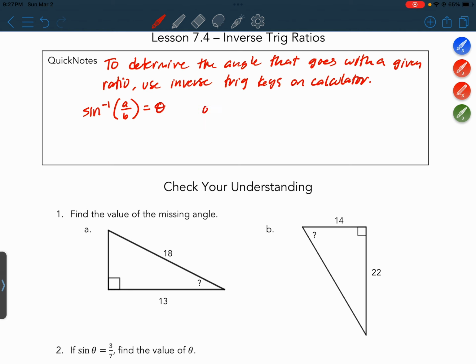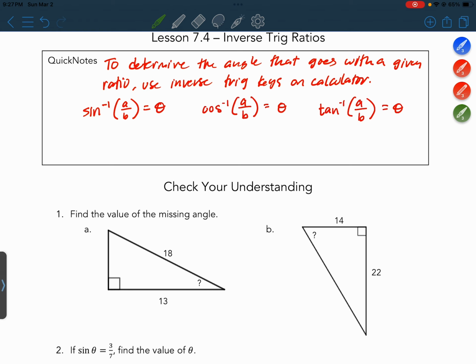Or we can hit the inverse cosine button, type in some ratio, a to b, and then the calculator will return the angle measure. The last option would be to hit the tangent inverse button, input a tangent ratio, a to b, and get an angle back.